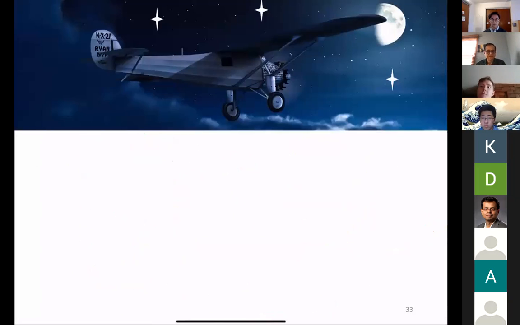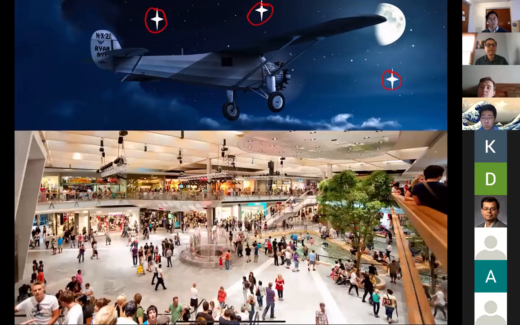Okay. So to finish up, Charles Lindbergh used stars as a way to navigate himself from New York to Paris. UnLoc is saying we don't have stars in indoor environments to solve the indoor localization problem. But given that we are living in a matrix, if you look at the world around us through the eyes and ears of the sensors in your mobile devices, oh, there are stars.